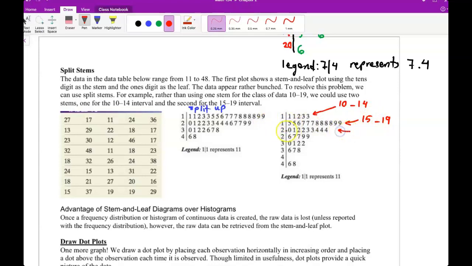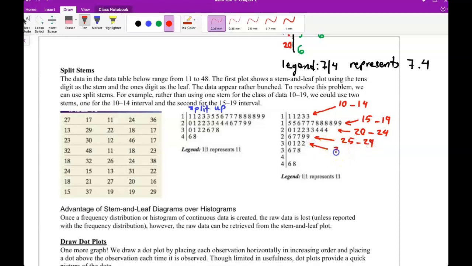Okay, the next one: here is 2, and we have 2. And after 19.9999, we have 20 up to 24. So I have 24 here, 2 and 4. The next one is 25 up to 29.